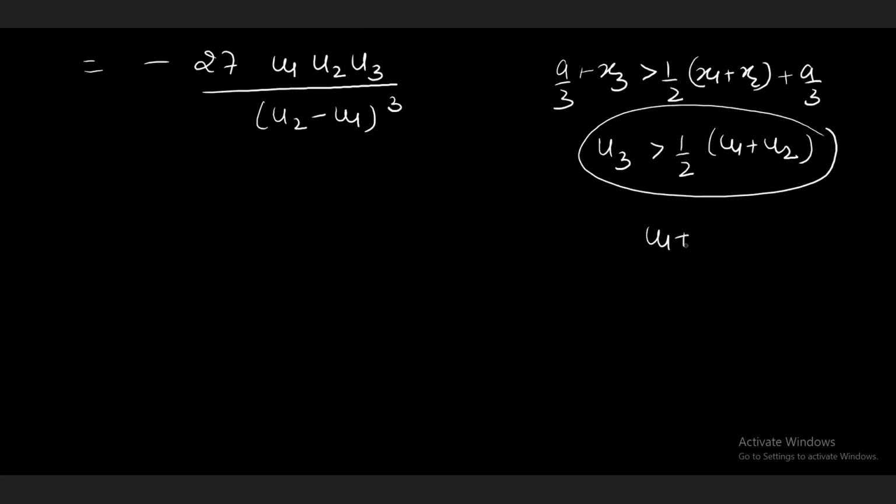Further, you just check what is u1 plus u2 plus u3. We are getting u1 plus u2 plus u3 as equals to x1 plus x2 plus x3 plus a by 3, a by 3, a by 3, 3 times. So we are getting it equals to a. But x1 plus x2 plus x3 plus a can be replaced with 0. Why we can replace it with 0?